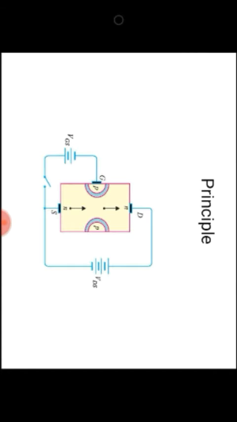Now the principle and working of the JFET. Here we discuss only the n-channel JFET, and you can easily understand the p-channel JFET. In the principle, the two p-n junctions at the side form two depletion layers, as we discussed above.